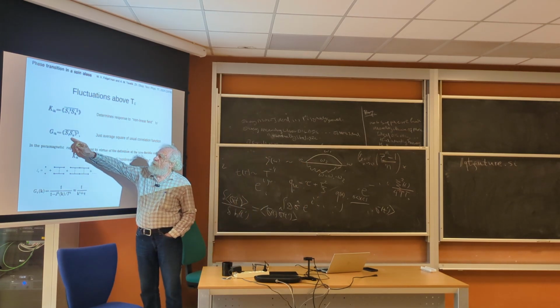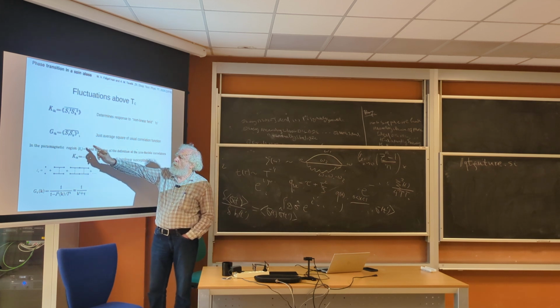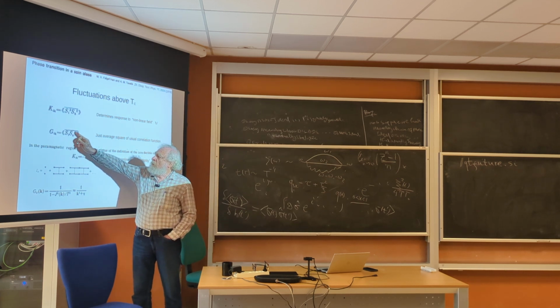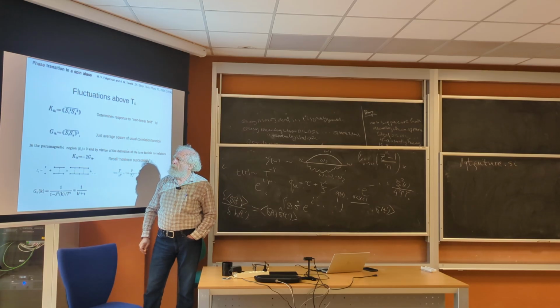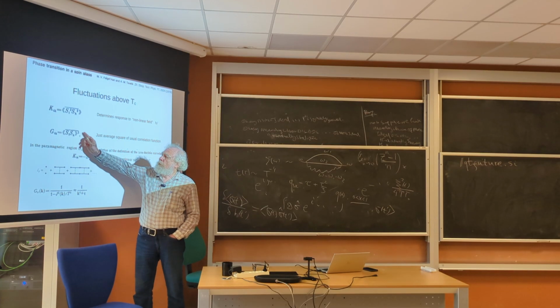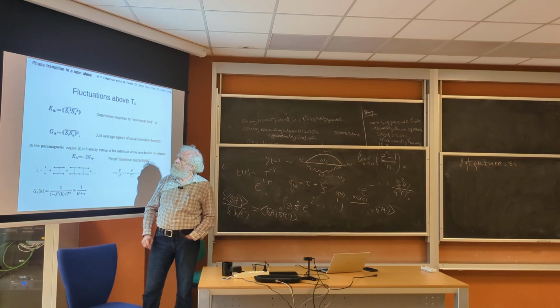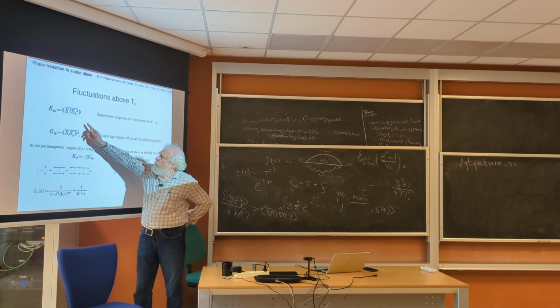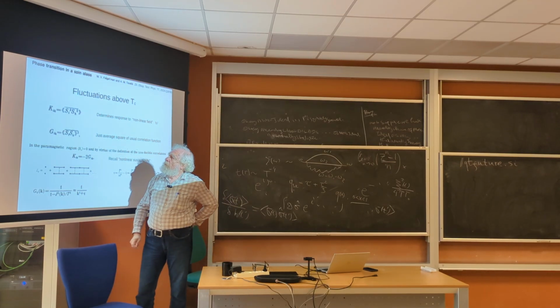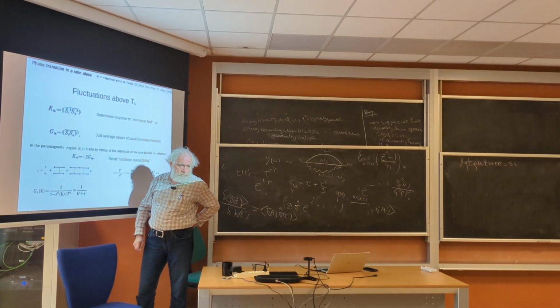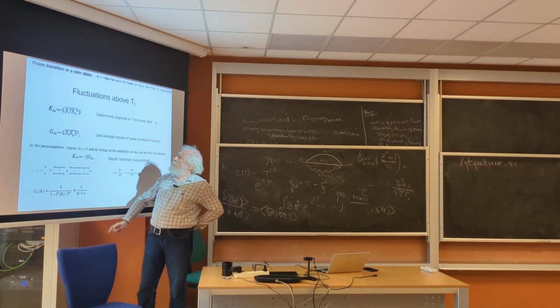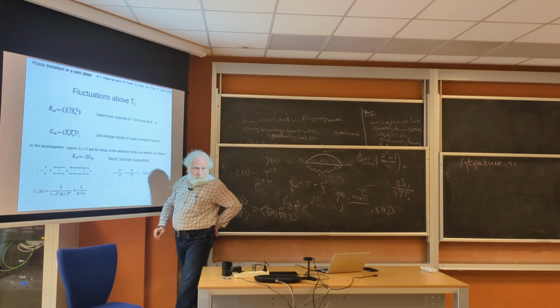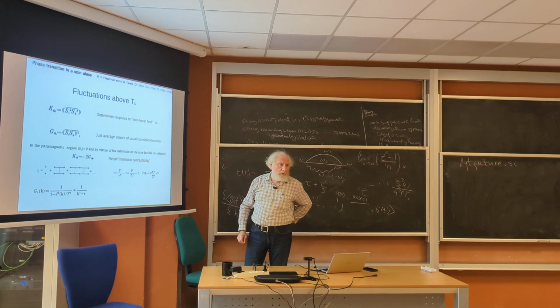Here, this is the usual irreducible correlation function of two spins. This double bracket means irreducible correlation function. In order to get something non-zero, we need to square it and average. Another correlation function is this K. It is an irreducible correlation function of S squared. Actually, it is this quantity which determines the non-linear response to magnetic field.